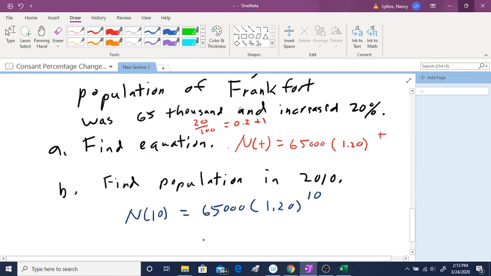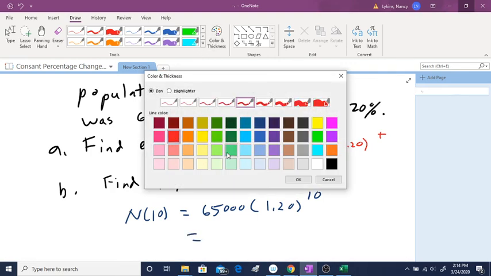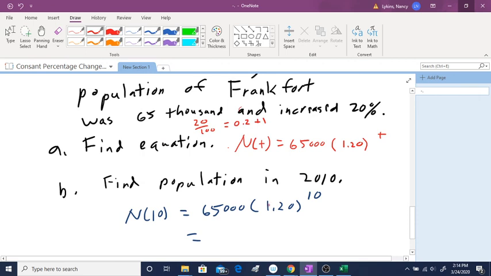Now, if we put this in our calculators, just like this, and we calculate, you should get 402,462.